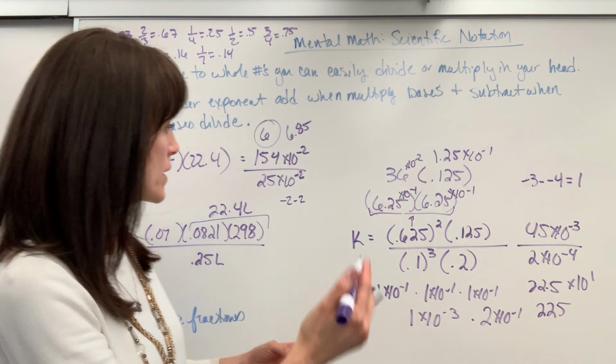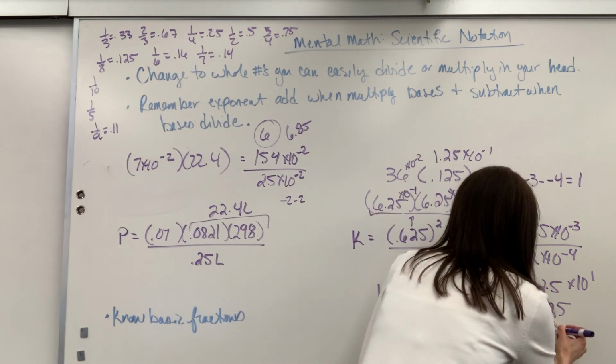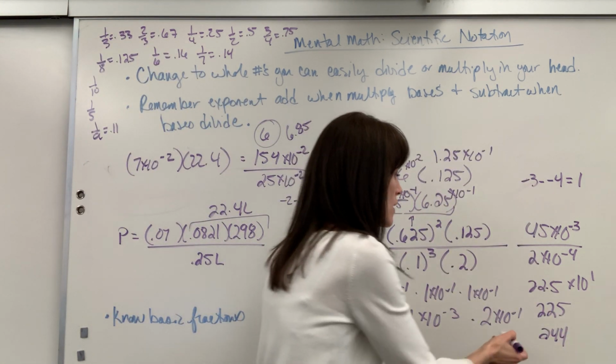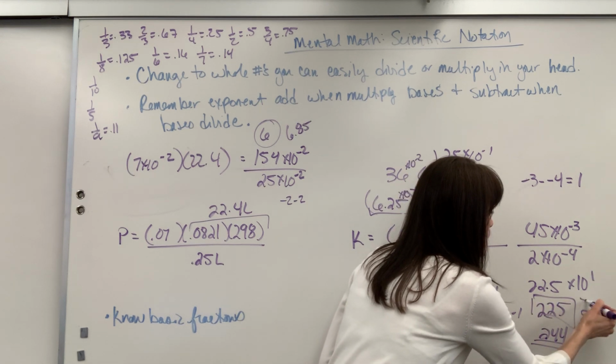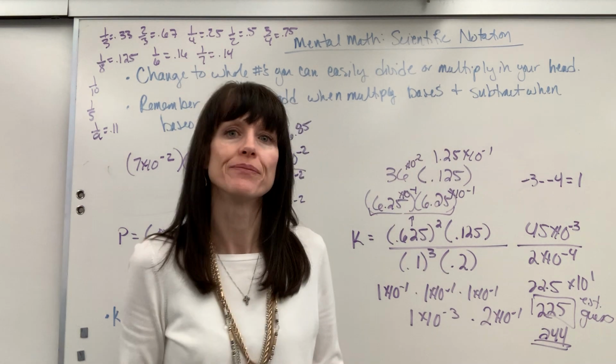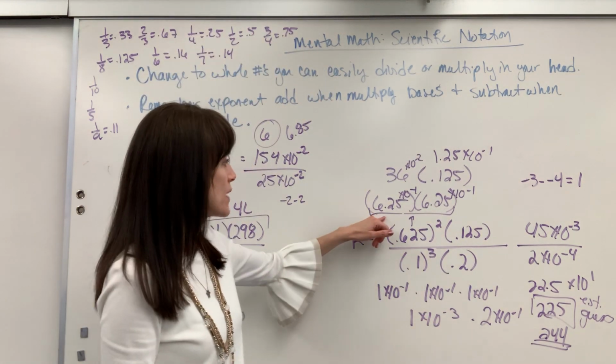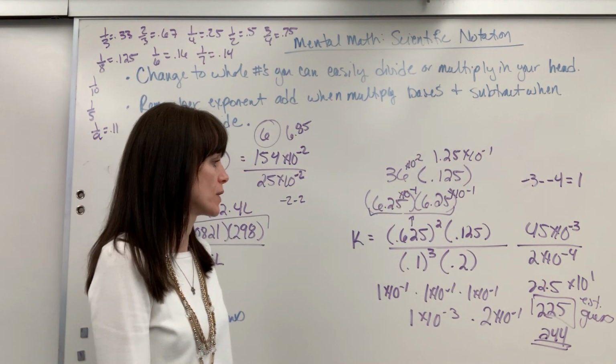Parenthesis. Oh, yep. The actual answer was 244. Nice. So really close. That's the actual, and that was our estimate. So sorry, I moved that decimal and forgot to put times 10 to the minus 1.